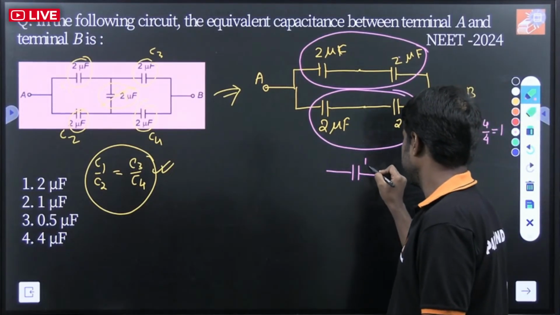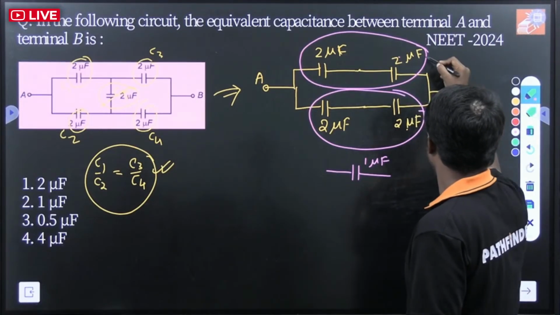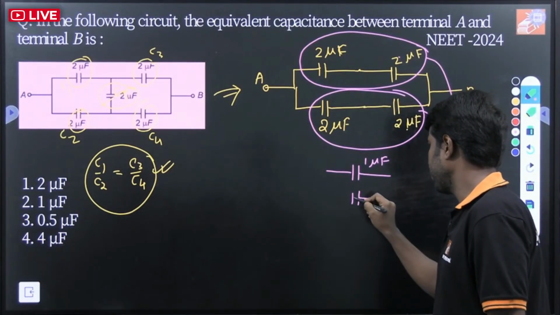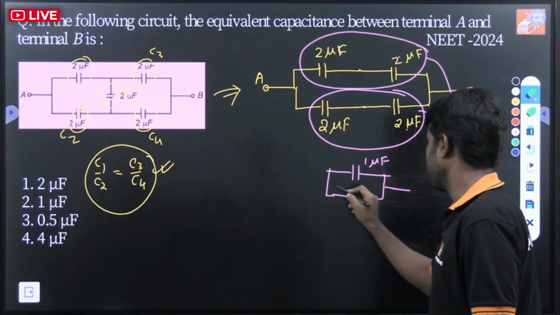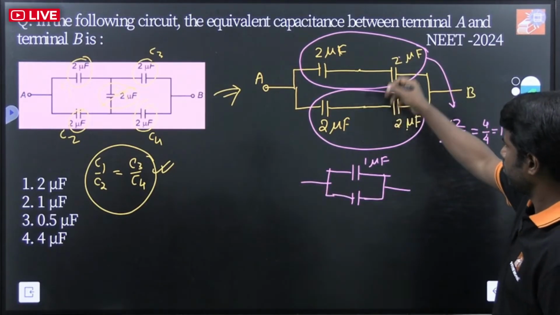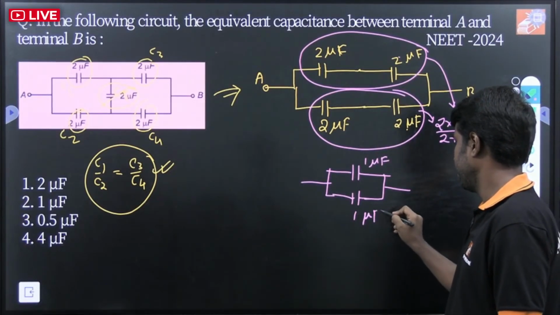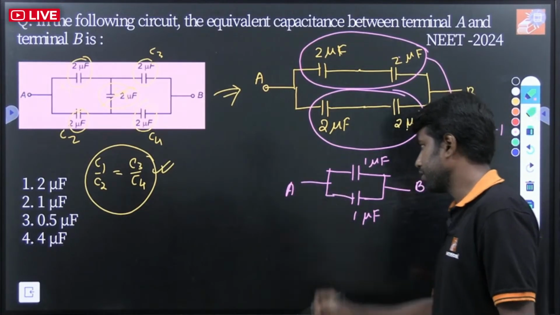So we have here 1 microfarad, and this pair also gives 1 microfarad. Both have the same value. So we have two 1 microfarad capacitors which are connected in parallel. See, these two are parallel now, and this is our B point and this is our A point.